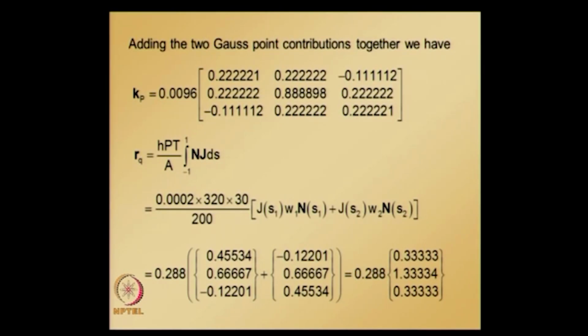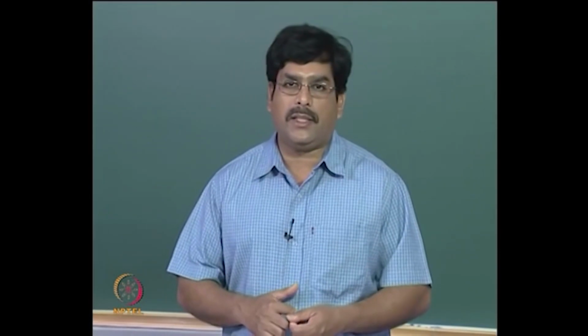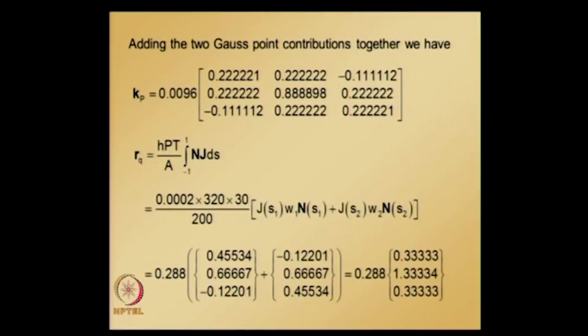We adopted 2 Gauss points, assuming that when we adopt 2 Gauss points we can integrate a function of order 3 exactly, assuming the function in the integrand is of order 3.